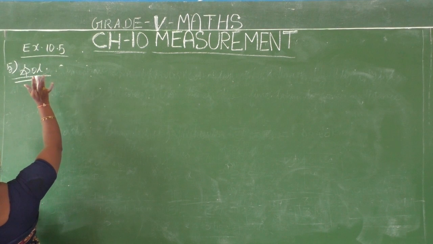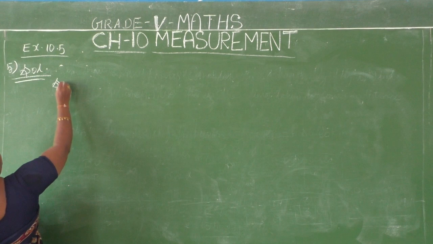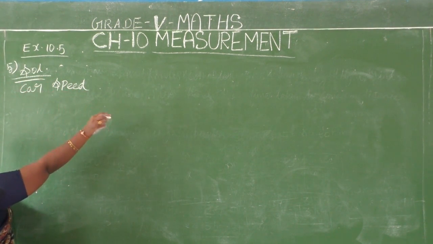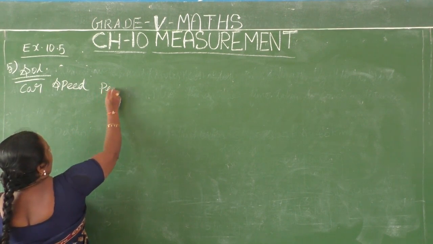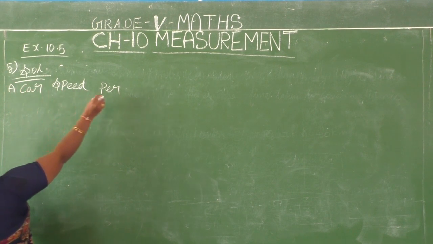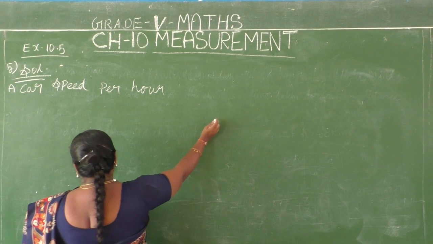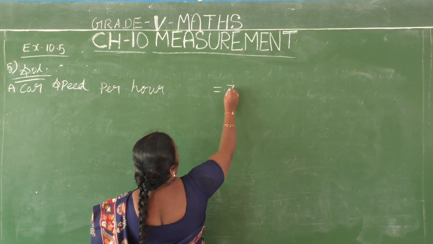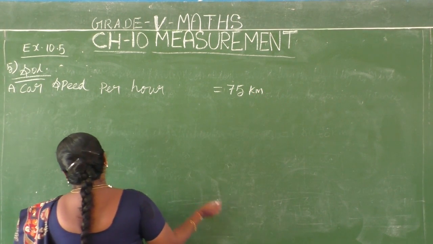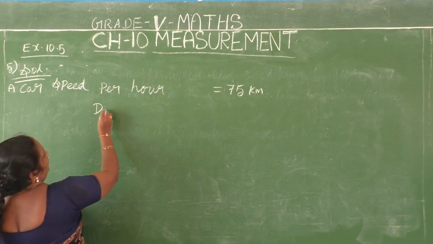Car's speed per hour. What's the speed per hour? 75 kilometer. Okay, now we are going to find out the distance in 9.5 hours.